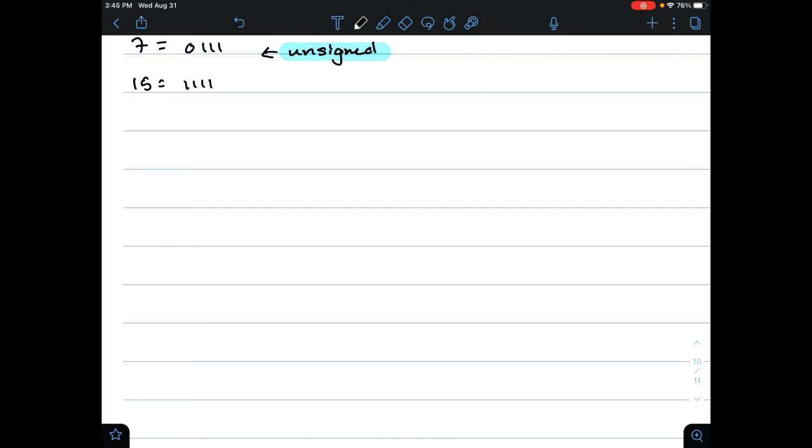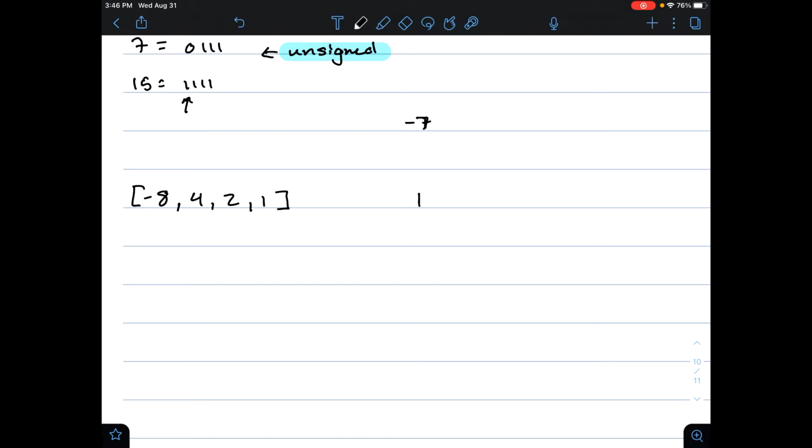Our most significant digit represents the number 8, and we're going to make the most significant digit a negative number, and then everything after it will just be a normal positive number. So 4, 2, 1. To get negative 7, obviously negative 8 is bigger than negative 7, so you're going to put 1 there.